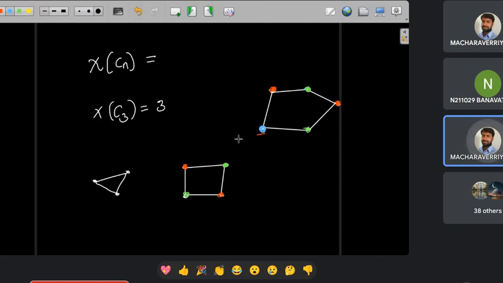You understand why? Because there are an odd number of vertices here. Since there are an odd number of vertices, you cannot assign just 2 colors in this cycle, so minimum 3 colors are required. Whereas if it is even, 2 colors are enough. If you start with red color, finally you can end with the green color, and that green is adjoined to red. Fine. So the chromatic number of a cycle is 3 if n is odd, and it is 2 if n is even.